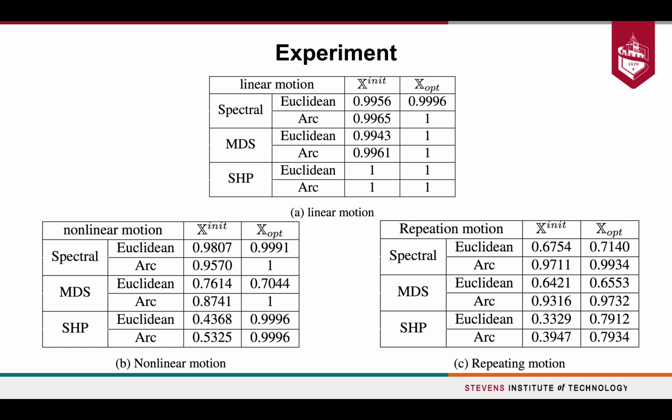For information, this value is computed by something called Kendall rank correlation. It computes the correlation of the ordering compared to the ground truth. This shows our method works better for nonlinear motion and repeating motion.